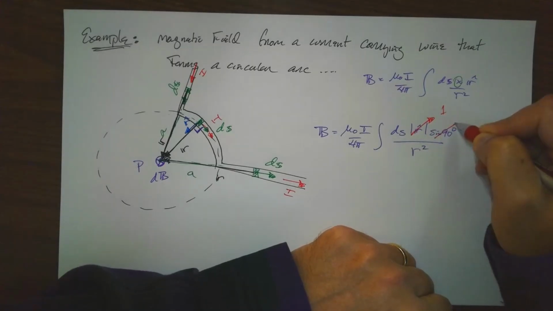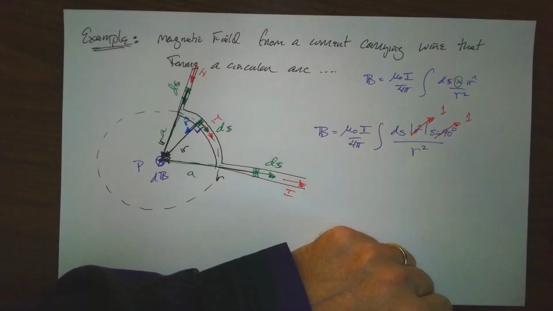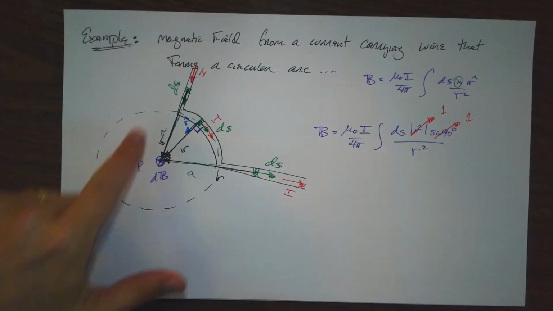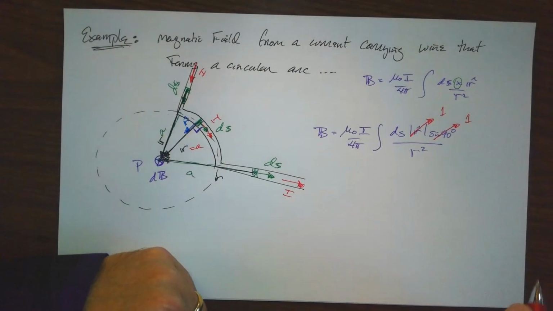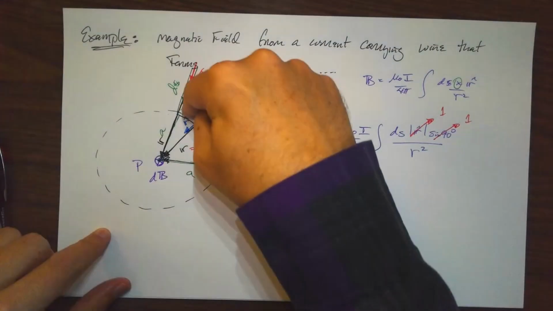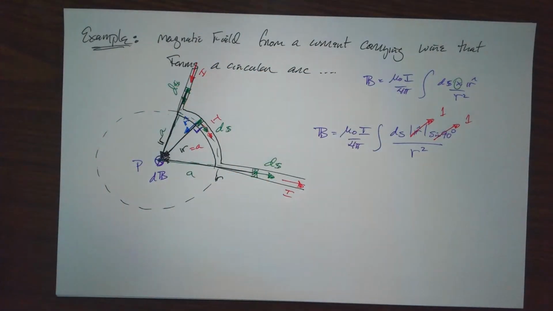This is 1. This is 1. R is A. And at all points around the arc, it's the same. So it's constant. So we're going to pull it out of the integral.